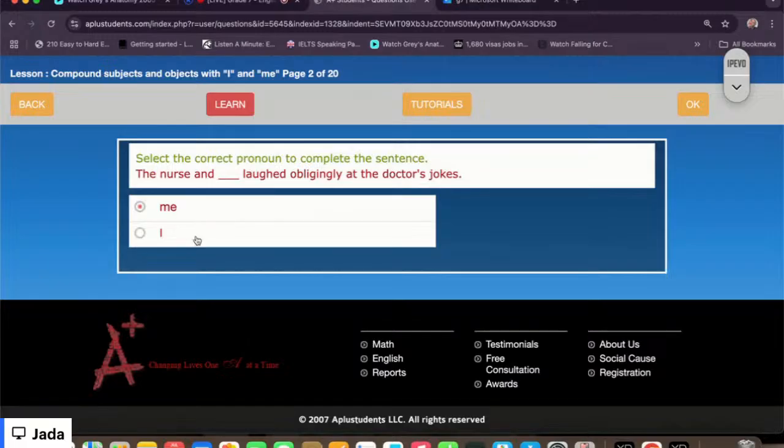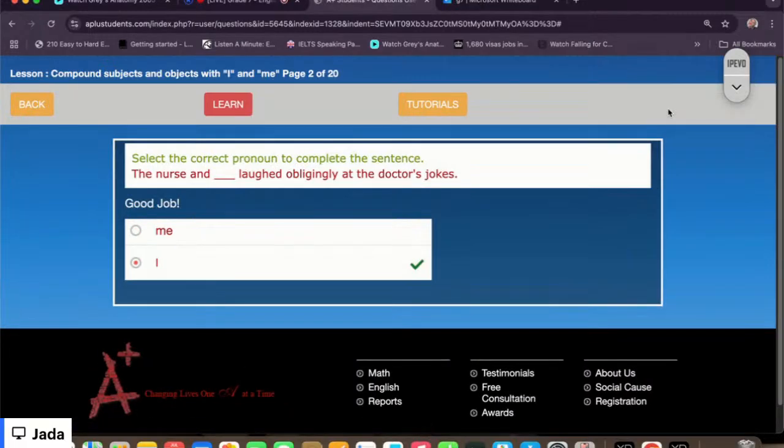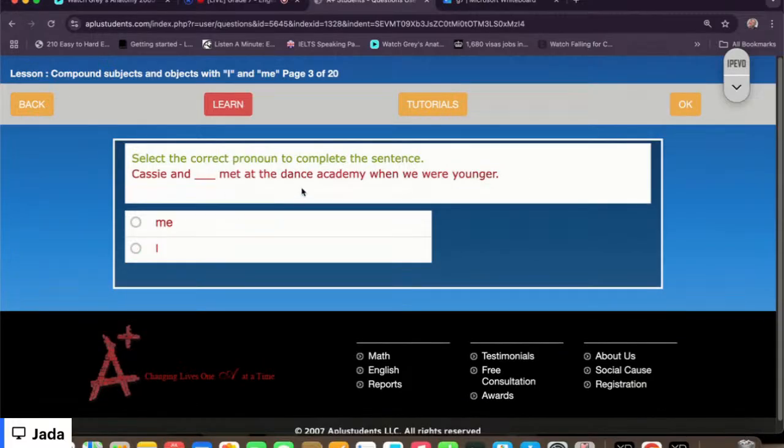So you can say the nurse and I laughed because if you take away the nurse, you can say I laughed. Okay. So Carson and I met at the dance academy when we were younger. Me or I?